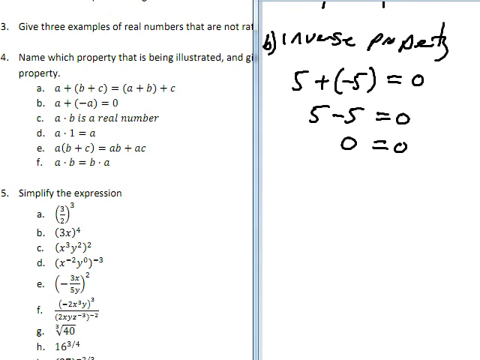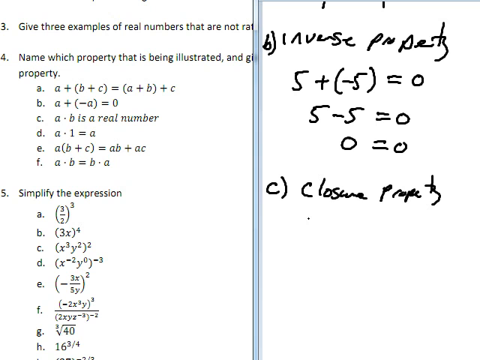For C, the particular thing in question is that A multiplied by B is a real number. That's the closure property. As long as you pick any two real numbers for A and B, when you multiply them, you're going to have a real number.